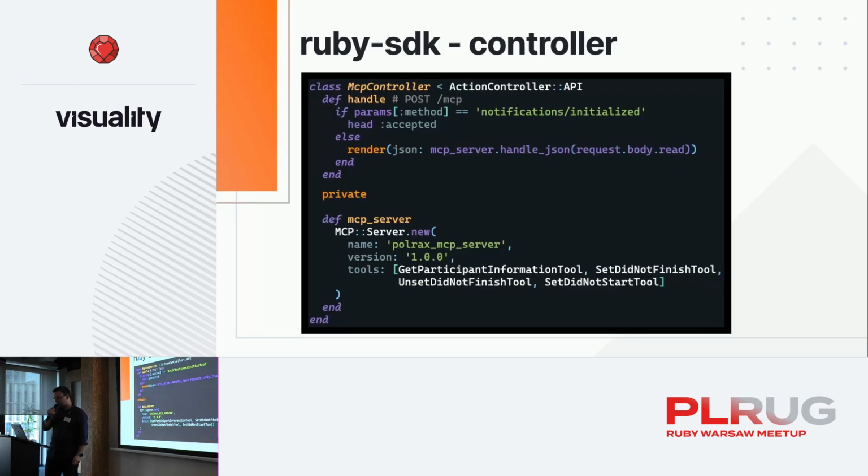So our controller has one action. It handles POST at /mcp, and we simply pass it to MCP server new with defined set of tools. Here we just call this MCP server with handle JSON. Notice this strange looking, out of place looking params bit.